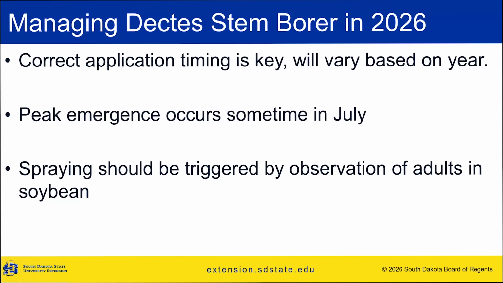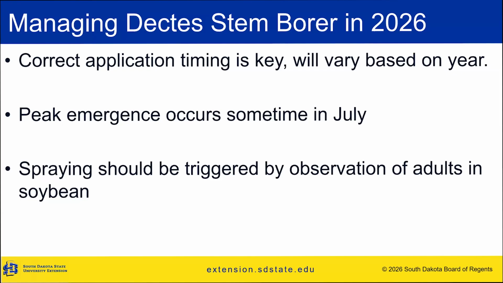So we believe the key here is trying to spray those soybeans when they are going to have the most cumulative Dectes pressure, which for 2024 was later in July. And spraying should still be triggered by the observation of adults, but one of the things we are trying to look at going into 2026 is degree days.